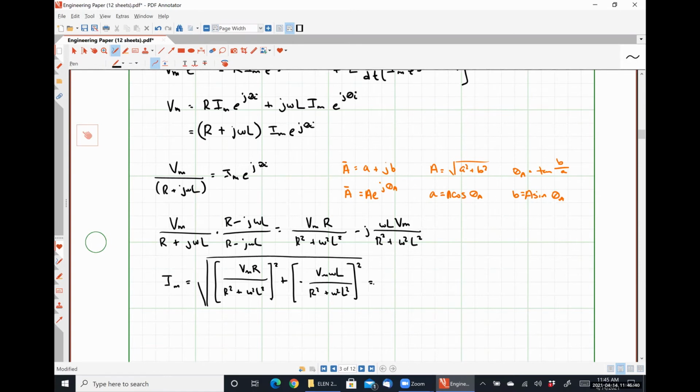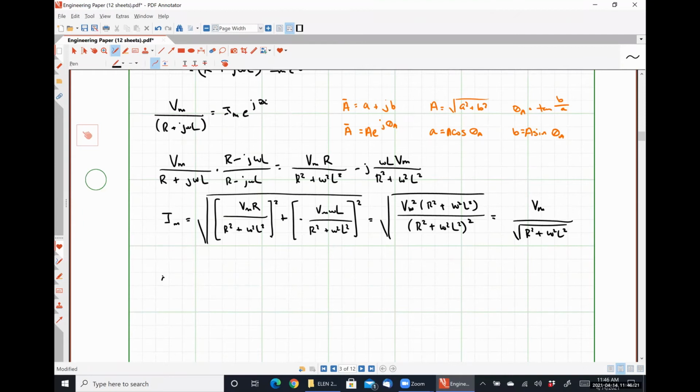What's going to happen is I'm going to get the square root of Vm squared times R squared plus omega squared L squared, divided by R squared plus omega squared L squared quantity squared, which means my magnitude Im is exactly equal to Vm divided by the square root of R squared plus omega squared L squared.